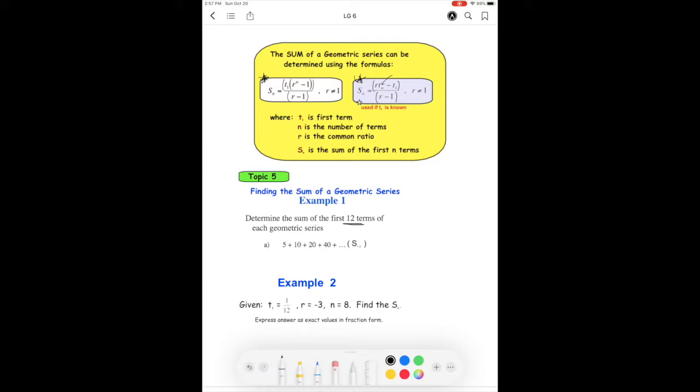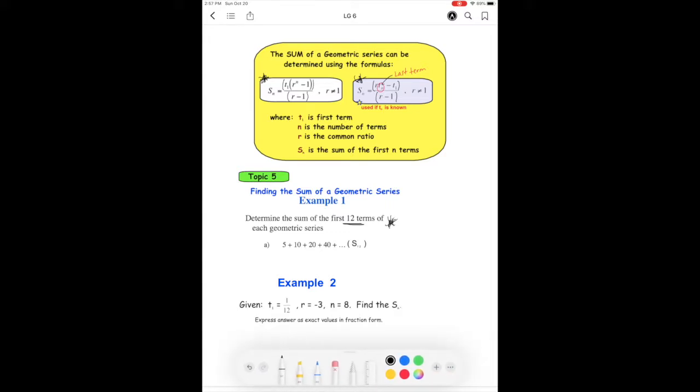Let's highlight that in red here. There's a Tn there. So that's your last term. If you know the last term, you can use that one. But in my example down here, we do not know the last term.